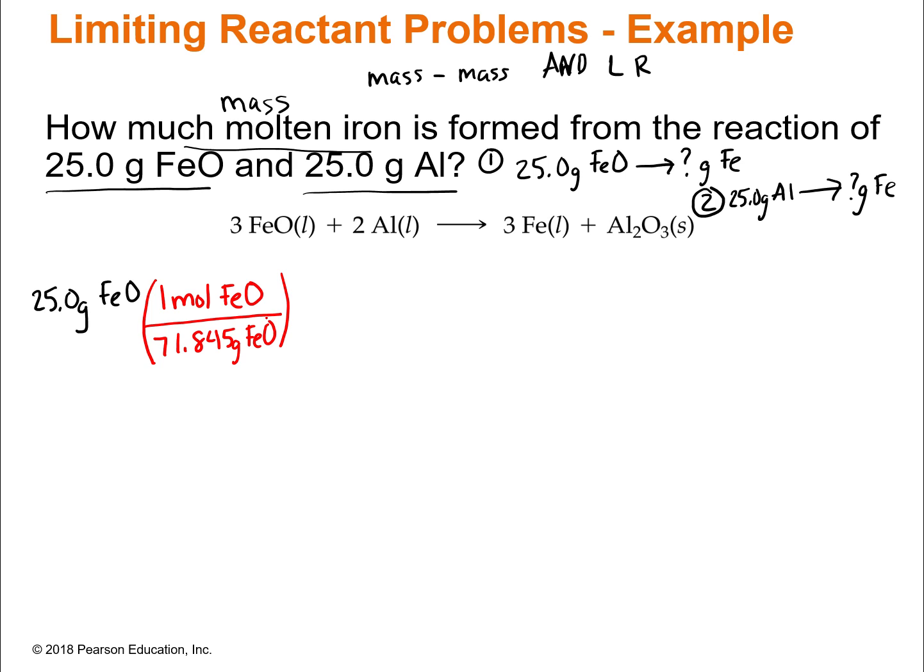So I calculated that molar mass. You can check me on it if you want to. Now we need a mole-mole ratio. What is our mole-mole ratio if we're trying to figure out how much iron we make from iron 2 oxide?